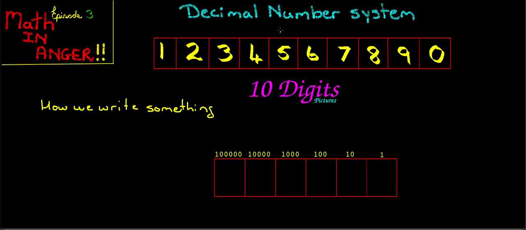And if you combine that with a number, what are we writing? We are writing numbers. So a number system is something that you use in order to write numbers.